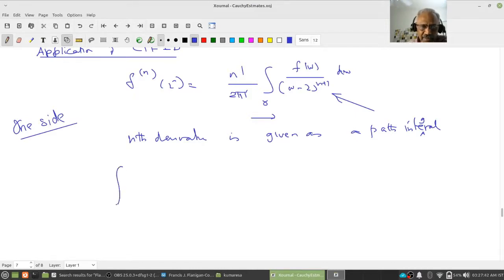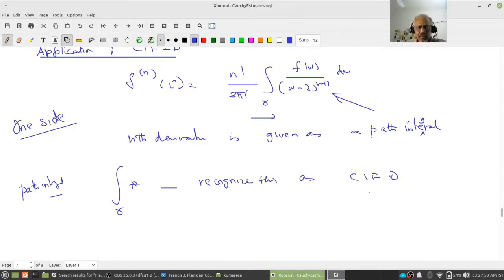I am given some path integral. If I recognize this as a CIF-D, that is, a Cauchy integral formula for derivatives for suitably defined functions, then I know how to compute the derivative, and so compute the path integral.